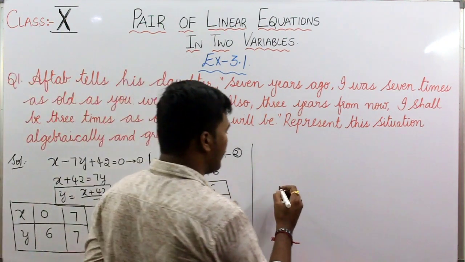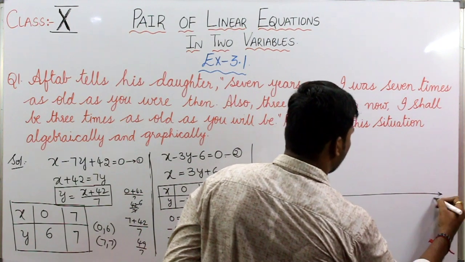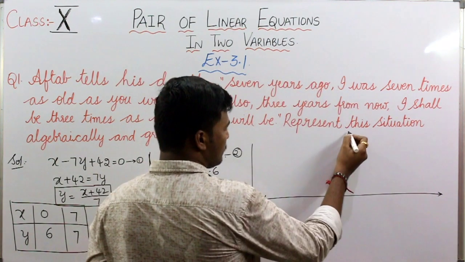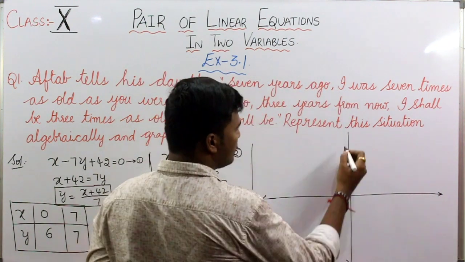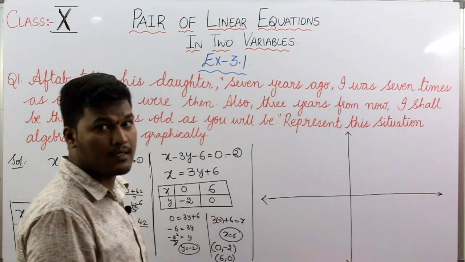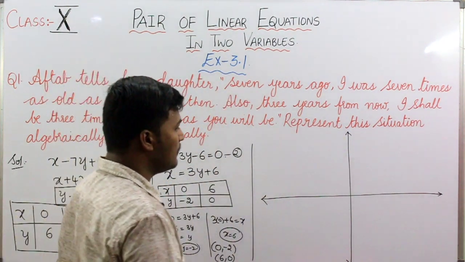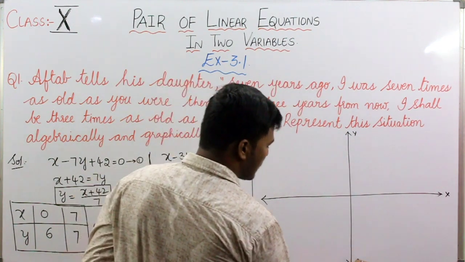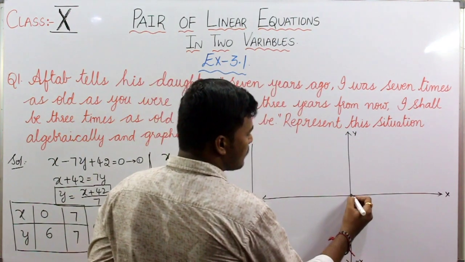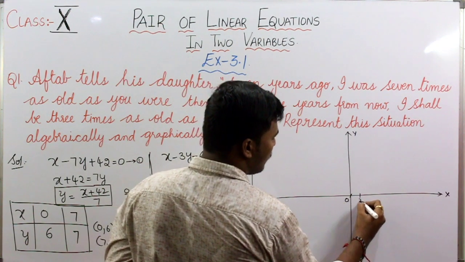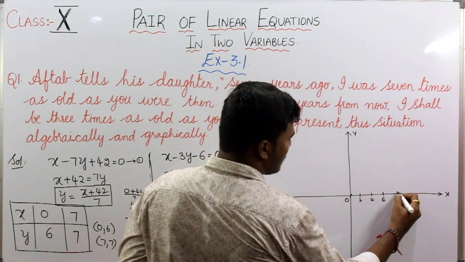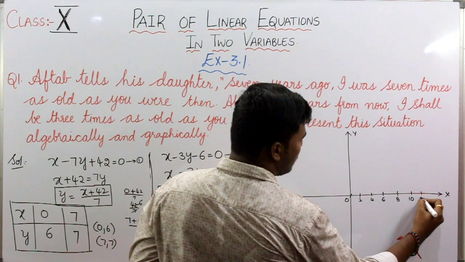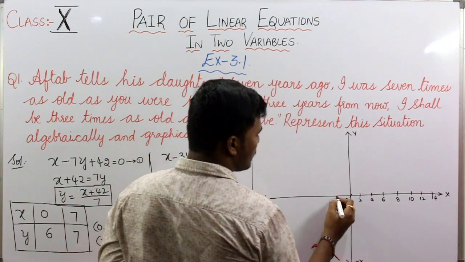That is, if I take these values on the number line in the graphical plane, right? Now I consider the x and y axis here, the negative x axis and negative y axis. So I am taking the values as 0, 2, 4, 6, 8, 10, 12, 14 and so on.